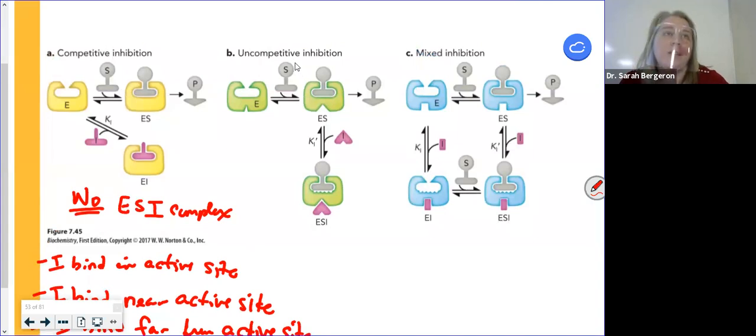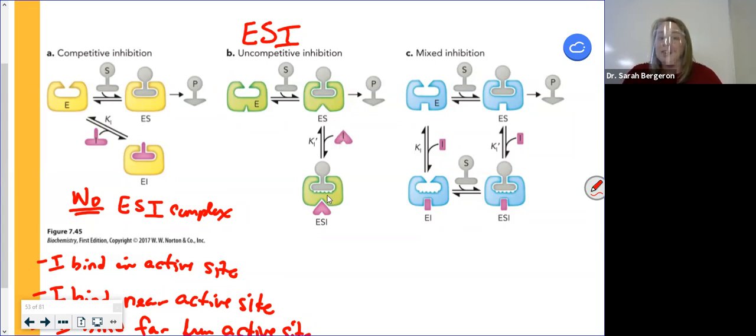Now, uncompetitive inhibition. So when you see uncompetitive, you should automatically think, yes, I can get an enzyme substrate inhibitor complex, right? Because if it's not competitive, that means they can both bind to the enzyme. So what you end up having is an empty enzyme that's going to bind its substrate. So now we have an enzyme substrate complex, but this inhibitor binds to this complex.